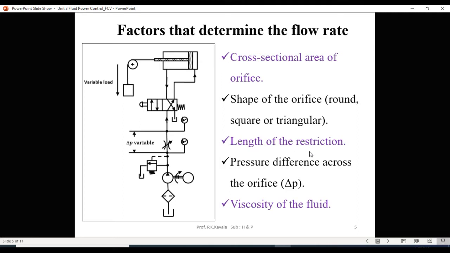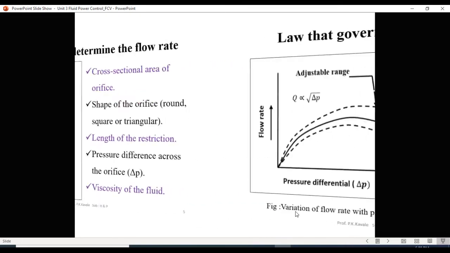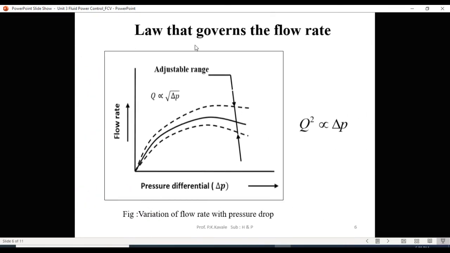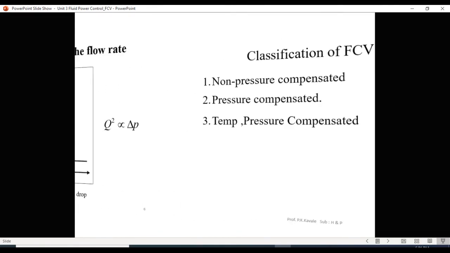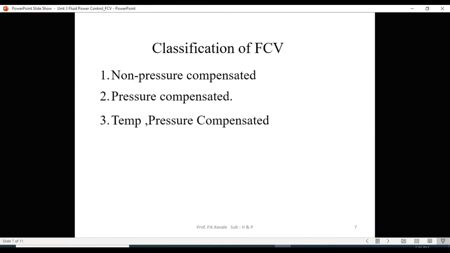The law that governs the flow rate: in front of you there is the general characteristic of the flow control valve. Flow is directly proportional to the square root of the pressure difference, upstream and downstream. Classification of FCV: non-pressure compensated, pressure compensated, and temperature pressure compensated. Non-pressure compensated is the simple FCV, which you see day to day in your home, in kitchens and bathrooms, where we are just controlling the flow rate.